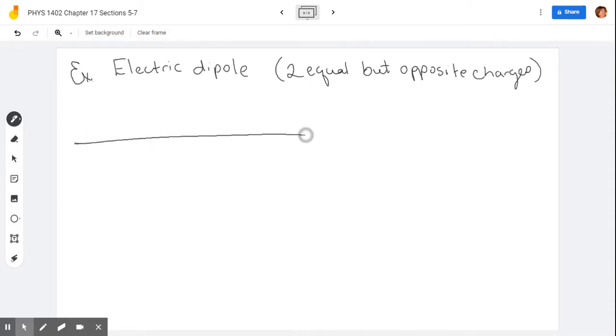This is like the x-axis. Here is a point A that's going to be exactly in between the two charges. We'll put Q1 here. Q1 happens to be a positive charge. And we're going to put Q2 here. Q2 is equal, but it's negative. Going to run a vertical axis.